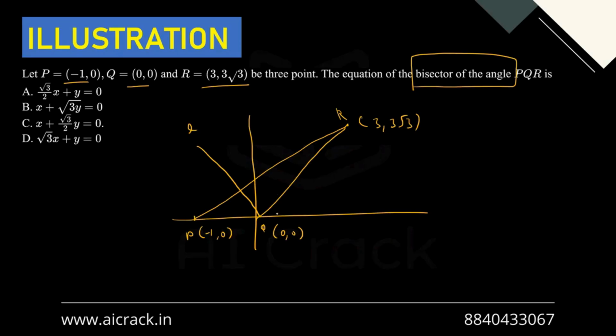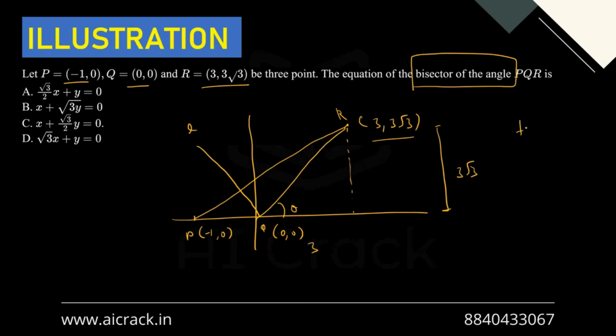Now what information is being given for the slope? So let's try to drop certain perpendiculars, because I get a feeling that (3, 3 root 3) would give me something. So let's say this is angle theta. This distance is 3 root 3 and this distance is 3.